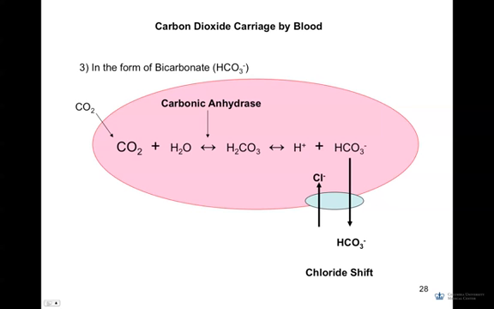Chloride gets pushed out, and as HCO3 builds up, it starts to move in the reverse direction. It combines with hydrogen ions, it forms carbonic acid, and then that converts to water and CO2 moves out.